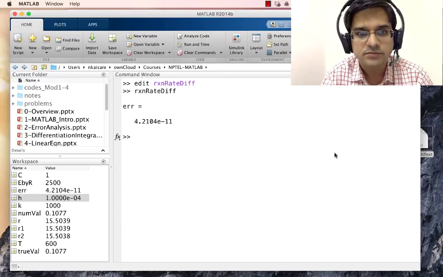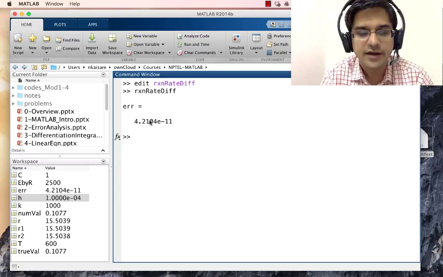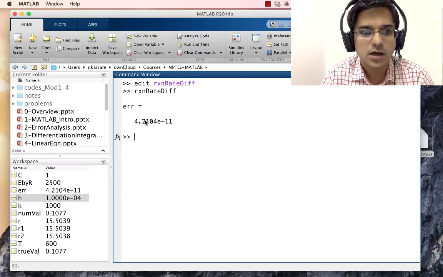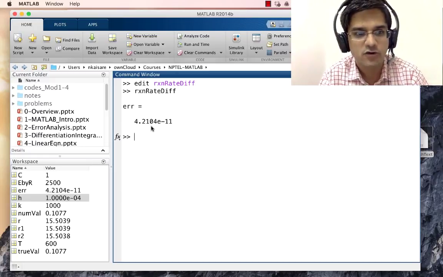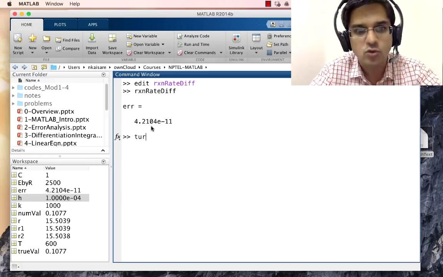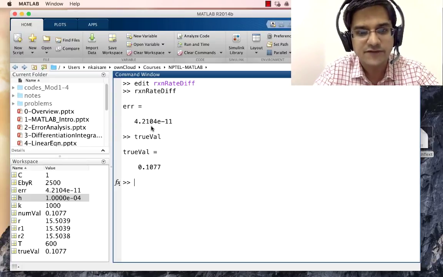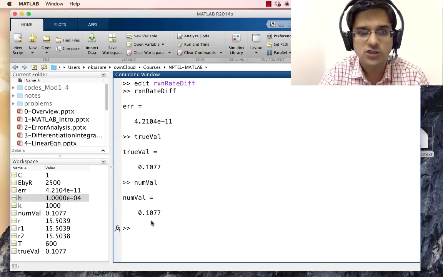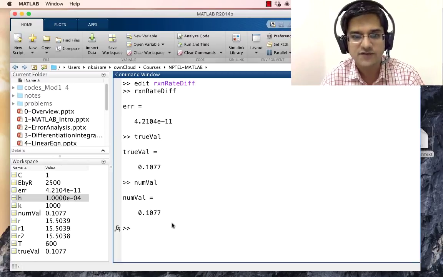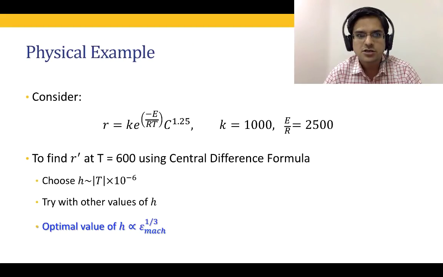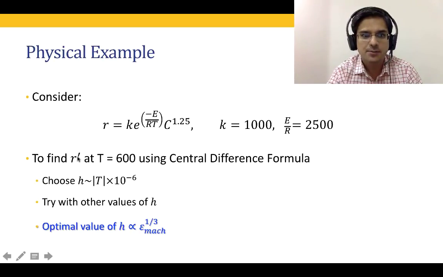The error, the difference between the true val and num val, is 4 multiplied by 10 to the power minus 11. The true val is 0.1077 and num val also looks the same, 0.1077.